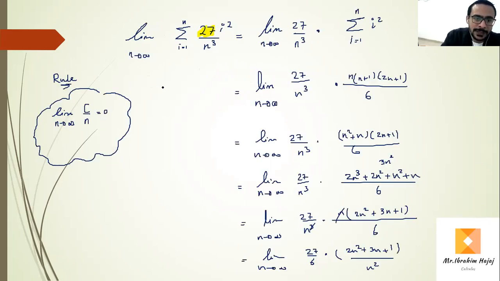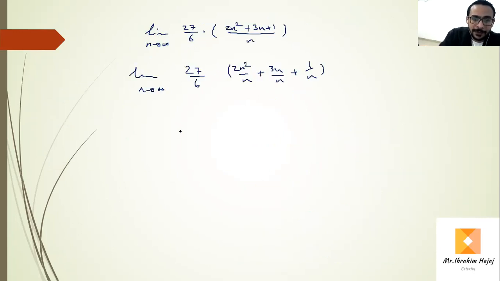Based on the rule I said, the limit of a constant over n equals 0. So we take the limit of the first term, the limit of the second term, the limit of the third, and so on.